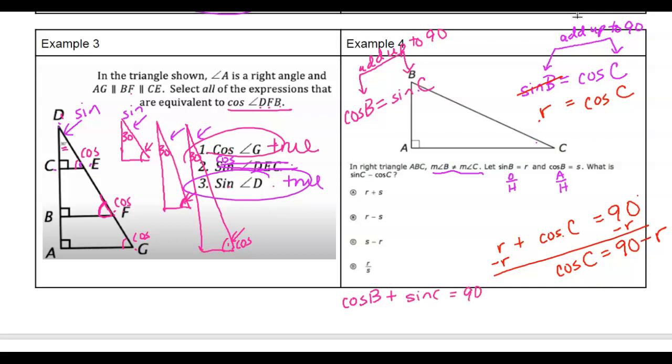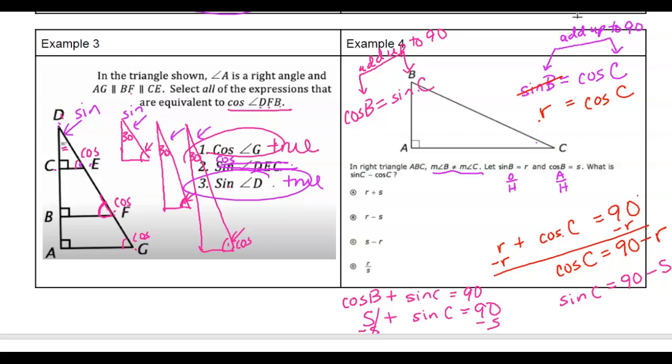And it's really the b and c. So we know the cosine of b is s. So subtract s. So sine of c equals 90 minus s. Does that make sense?